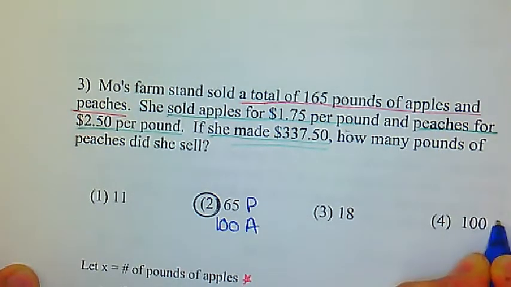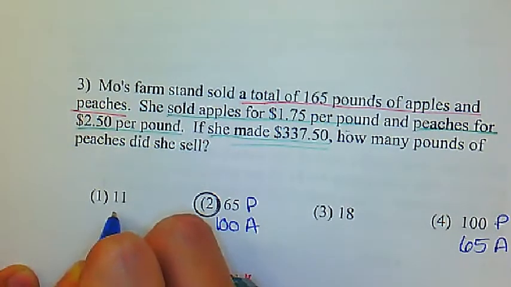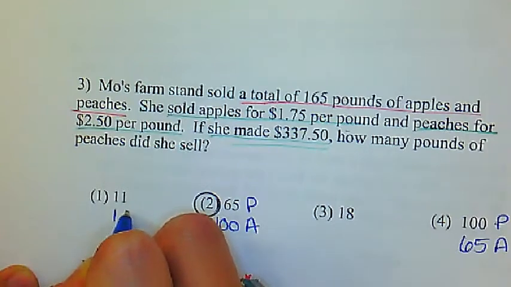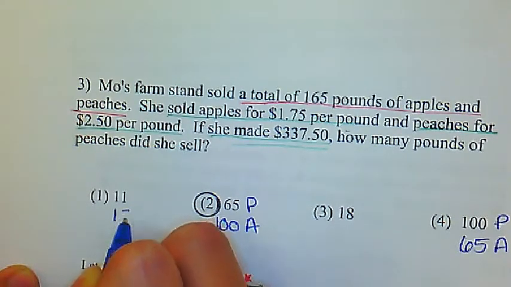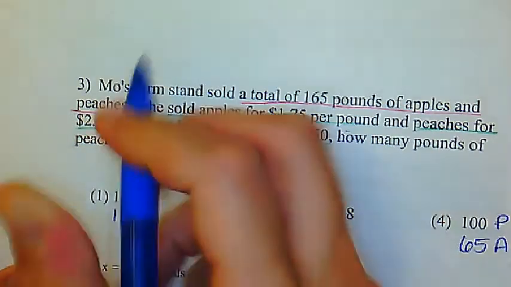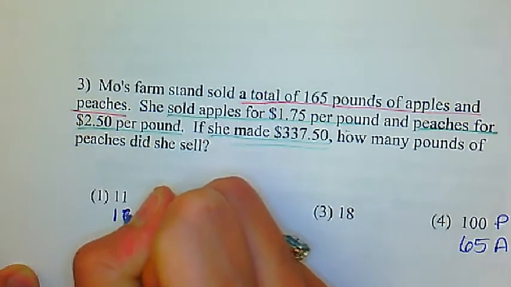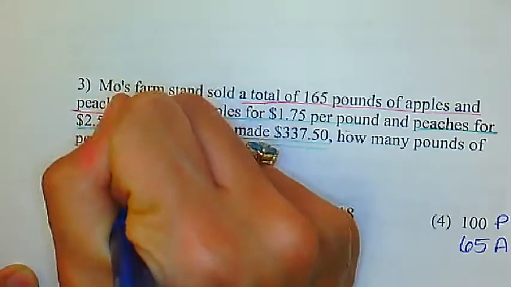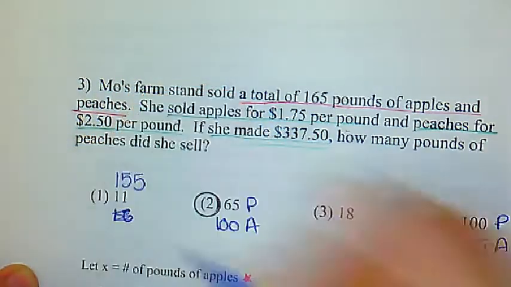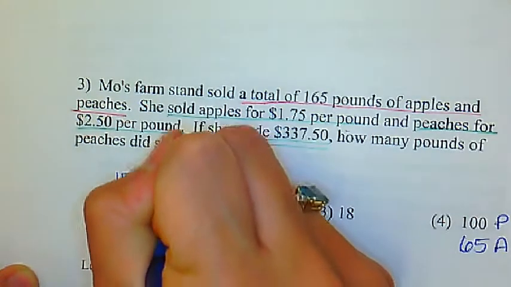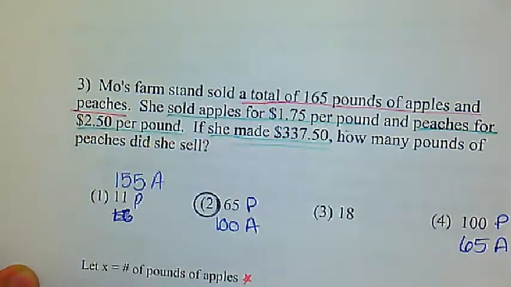Okay? So for this, we would have 100 apples and 65 peaches, so 165 pounds of apples and peaches.